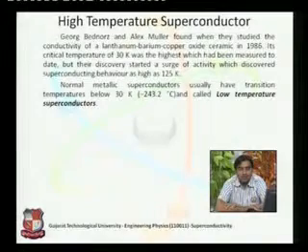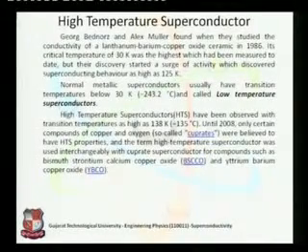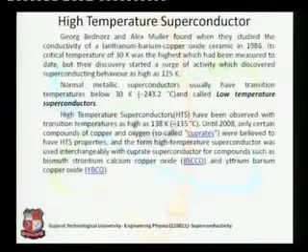The definition says that materials exhibiting superconductivity below 30 Kelvin are called low temperature superconductors. And if you talk about materials having a superconducting state at a higher temperature, about 78 Kelvin, that is the boiling point of liquid nitrogen, then at around that temperature, if the material exhibits superconductivity, it is called a high temperature superconductor.